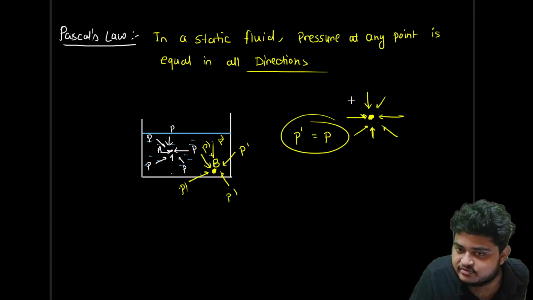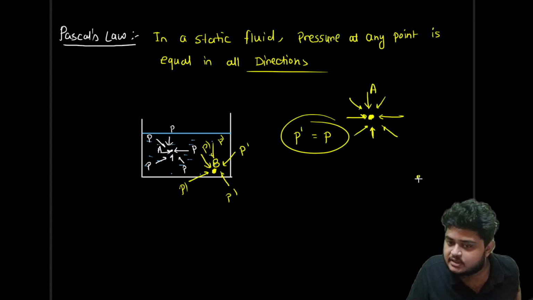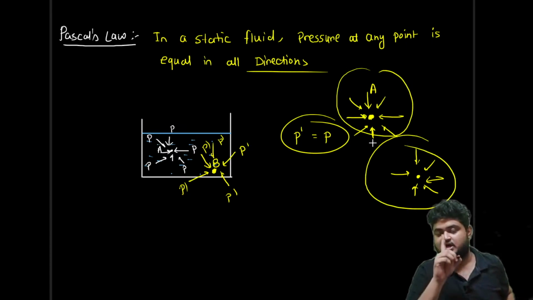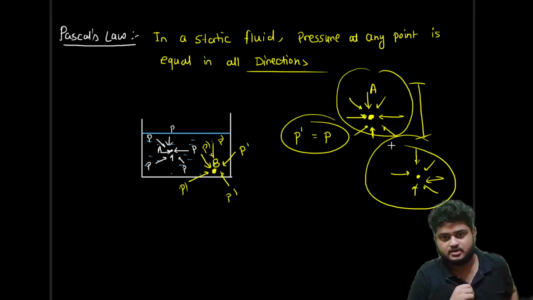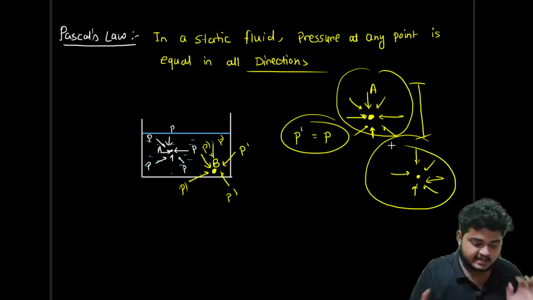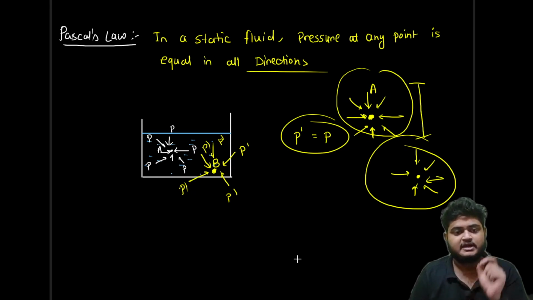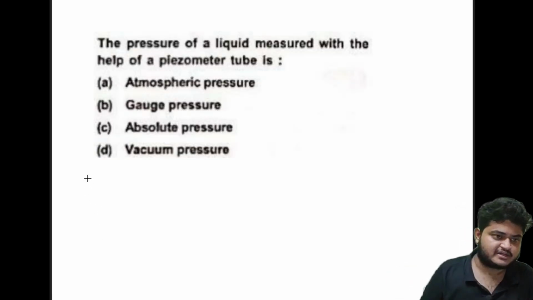The magnitude of the pressure coming from all directions will be same for point A, and for point B the magnitude of the pressure exerted will also be same, but these pressures are not the same because pressure is increasing with depth. So at any point the pressure from all directions will be equal. That is Pascal's law. I hope this is clear, and let us go to the next question.